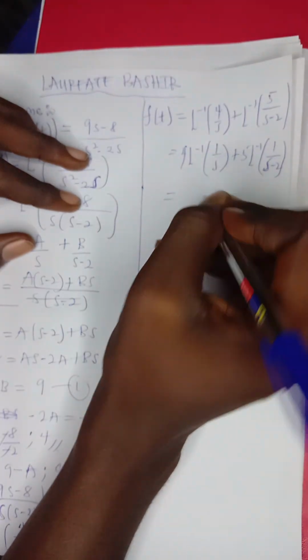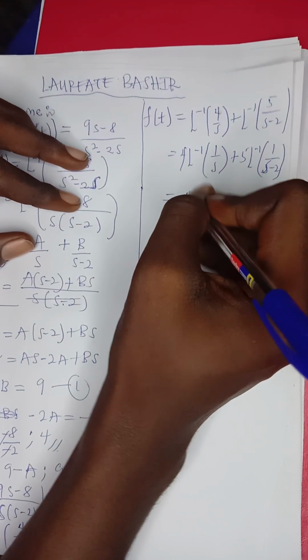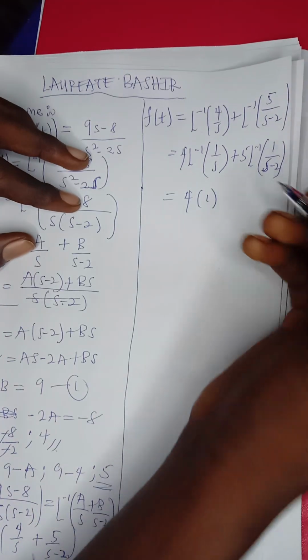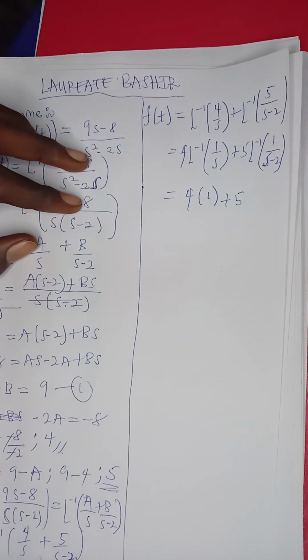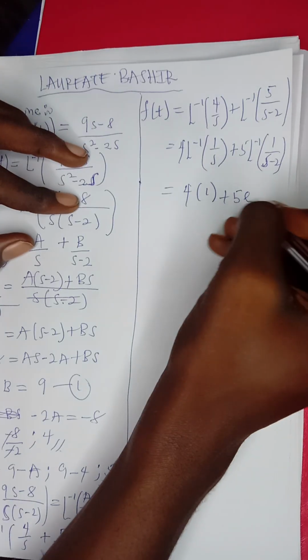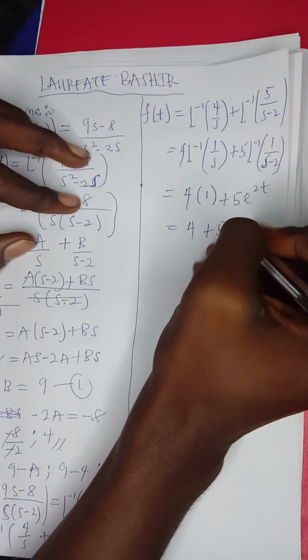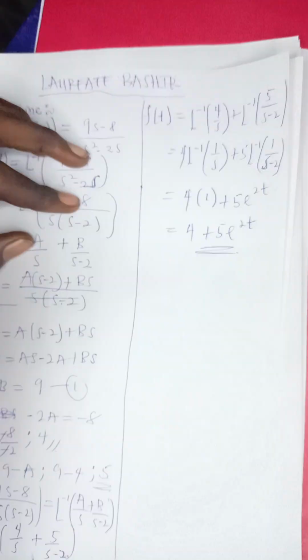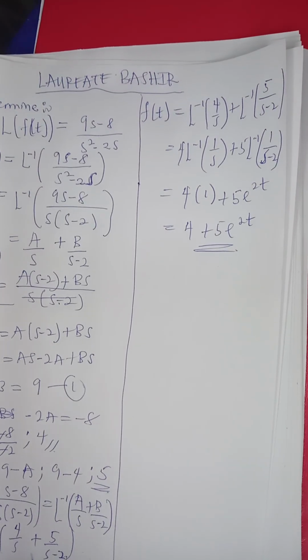What is Laplace inverse of 1 over s? 1. So plus 5 times the Laplace inverse of 1 over s minus 2, which will be exponential 2t. Therefore the final answer will be 4 plus 5 exponential 2t. That's the Laplace. So more questions in the next video.